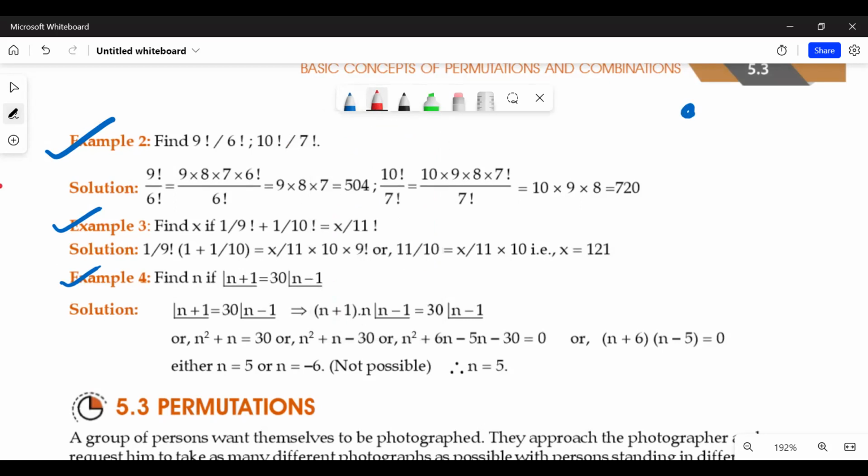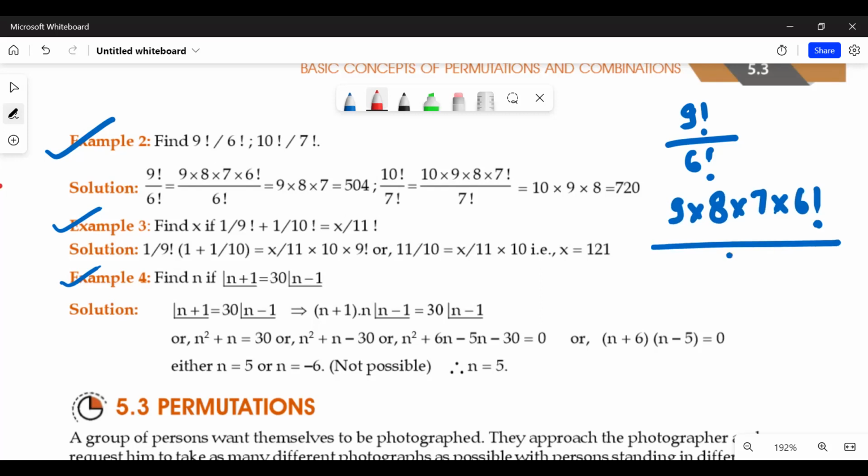So the first question is 9 factorial by 6 factorial. If I have to solve that, it would be 9 into 8 into 7 into 6 factorial by 6 factorial. This gets cancelled. So 72 sevens are 504.